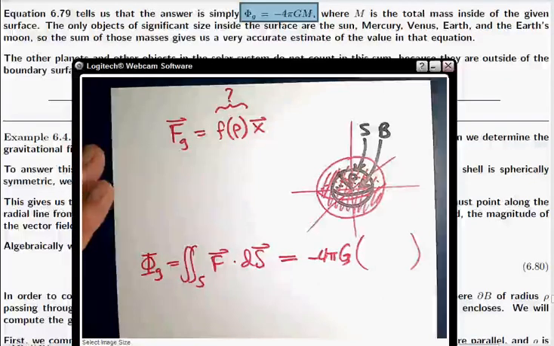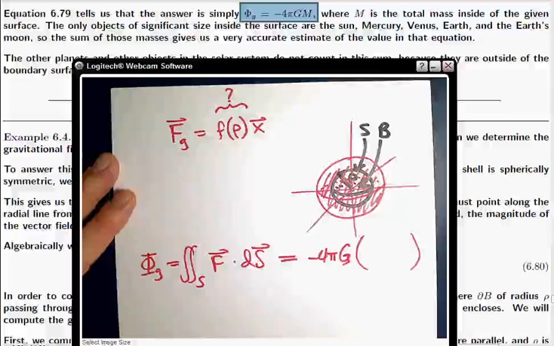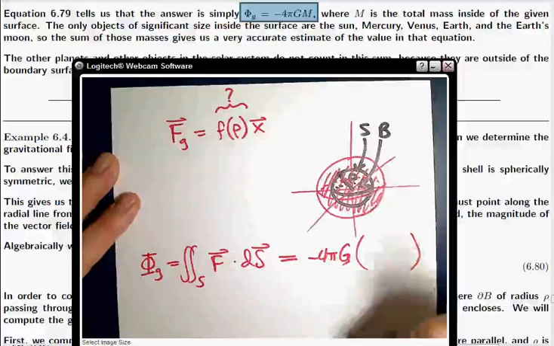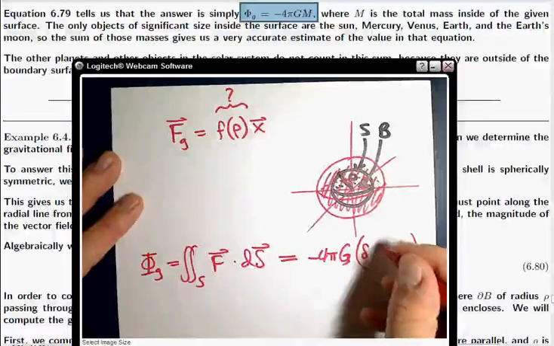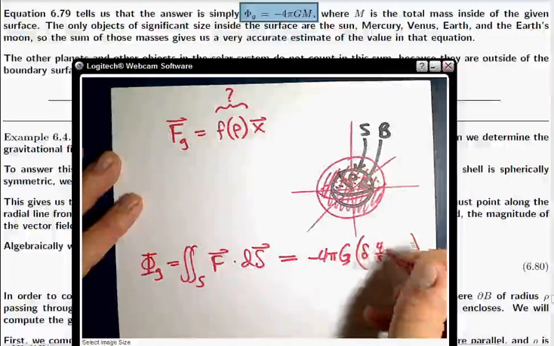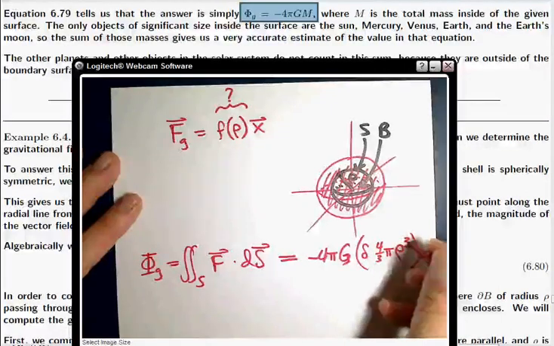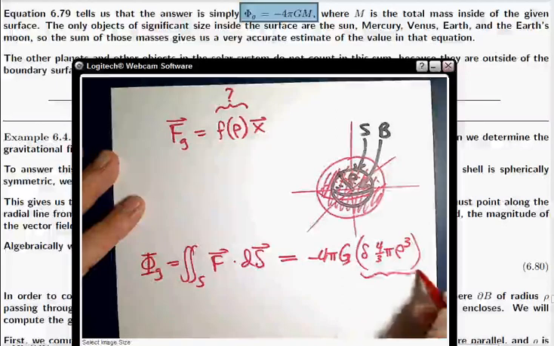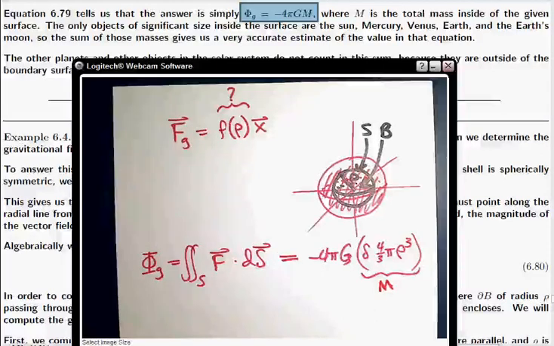Well, we've got the constant density delta, and we've got a sphere of radius rho, so we're going to have density times volume, which is 4/3 pi rho cubed. So this is M. Okay, so that's one calculation.